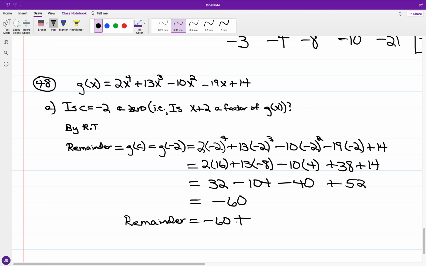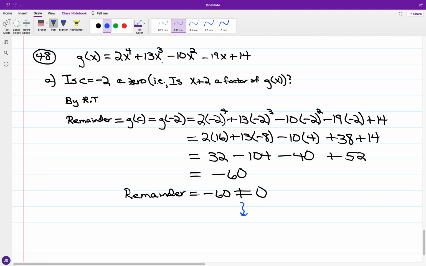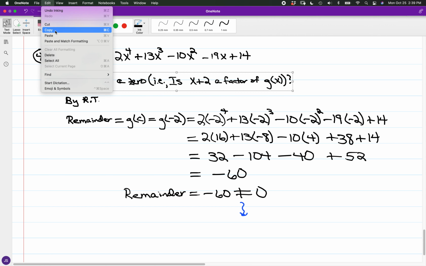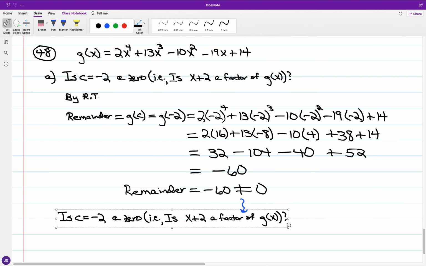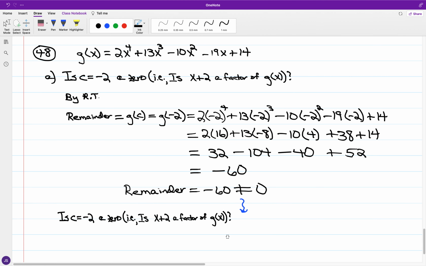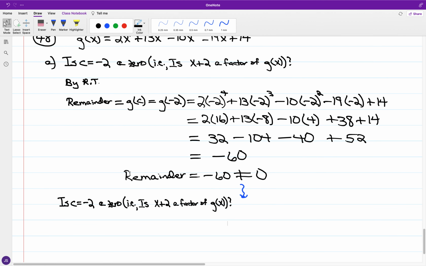And since the remainder does not equal 0, it's going to follow by the factor theorem, going back to our yes or no question, in terms of whether x plus 2 is a factor of g of x, or more succinctly, whether negative 2 is going to be a 0, the answer to that question is going to be a resounding no.